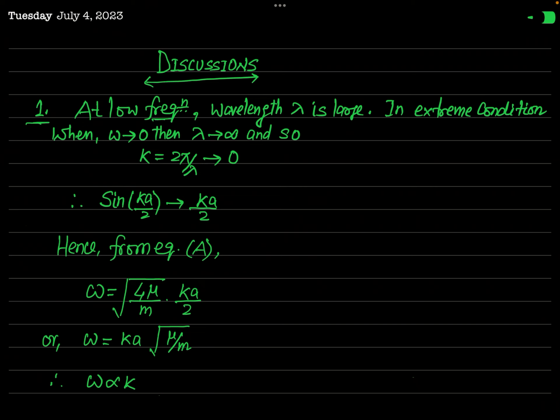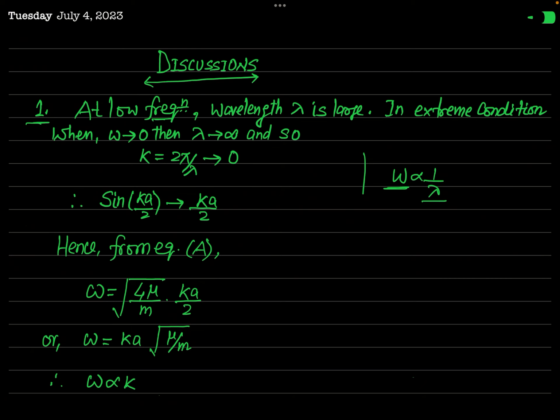If you consider that omega is very small, or frequency nu is very small, since omega is inversely proportional to wavelength, when omega is extremely small, lambda will be extremely large.